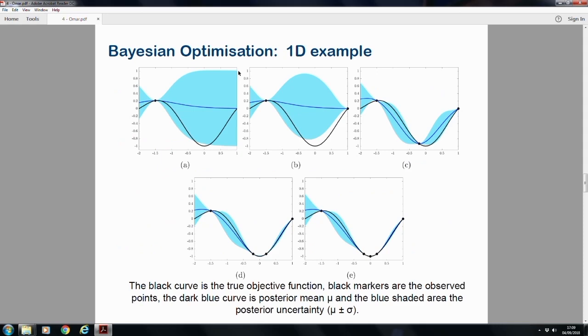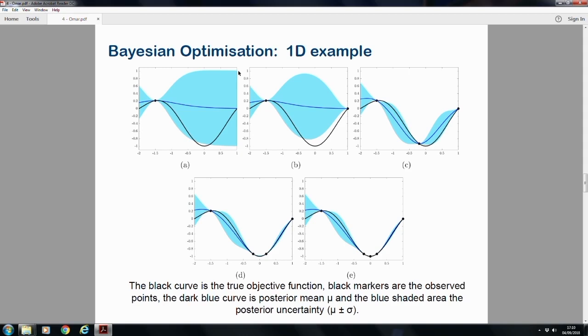To simply explain how Bayesian optimization works, let's start with a 1D example. The black line here is the true objective function. Typically, we don't know it. But we can start with any arbitrary value to determine the objective function, and we get it here. So we have low uncertainty here, but the uncertainty here is very high, and we can somehow estimate the objective function.